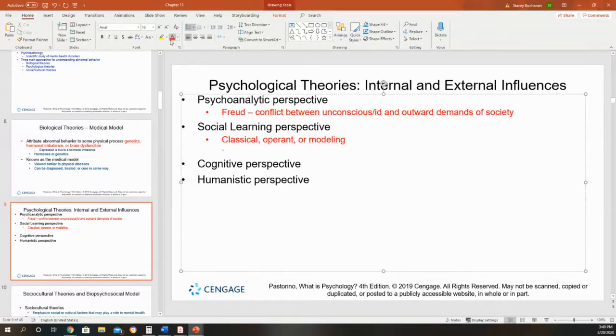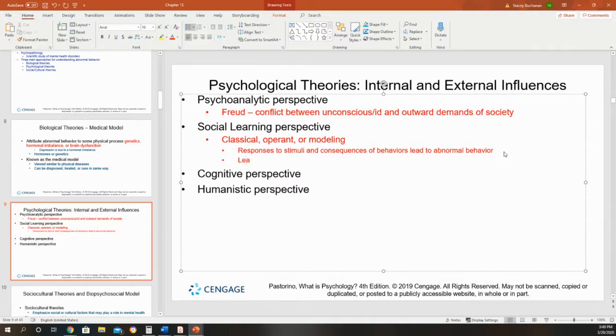So for example, it's their responses to the stimuli and consequences of their behaviors that lead to abnormal behavior. Or they might learn their abnormal behavior from others.